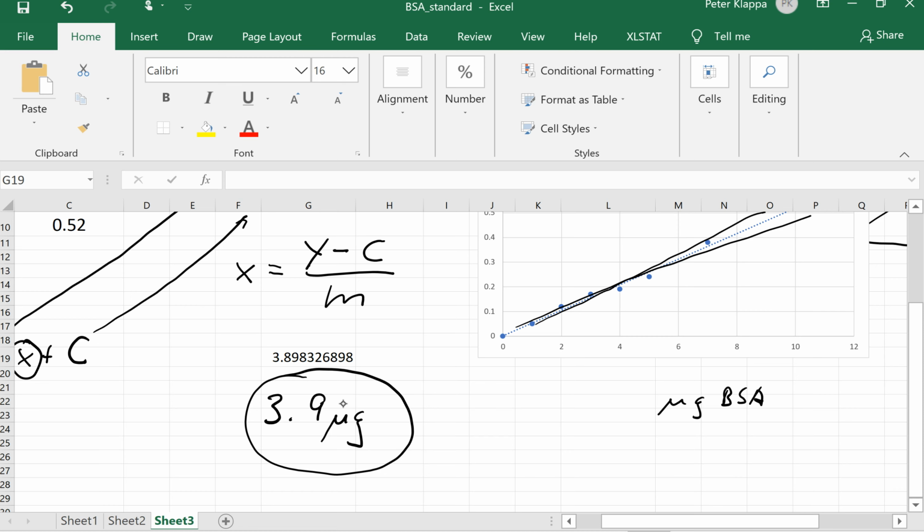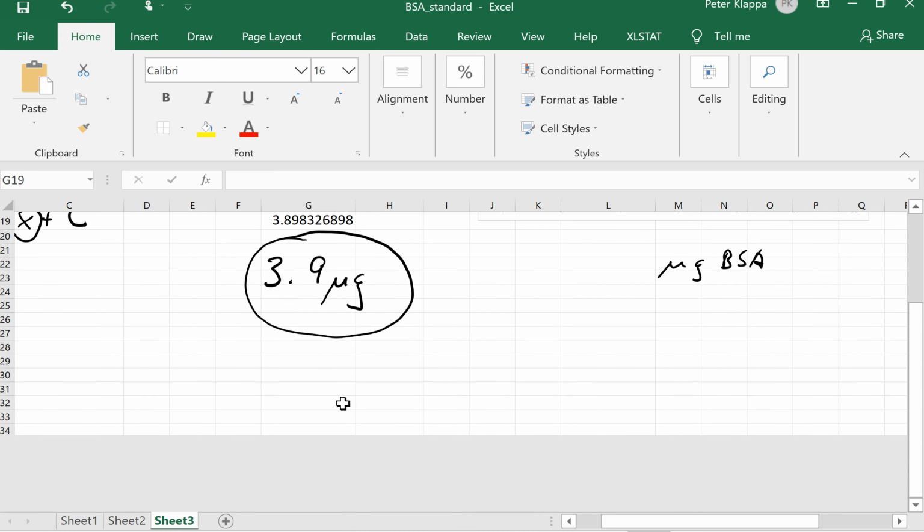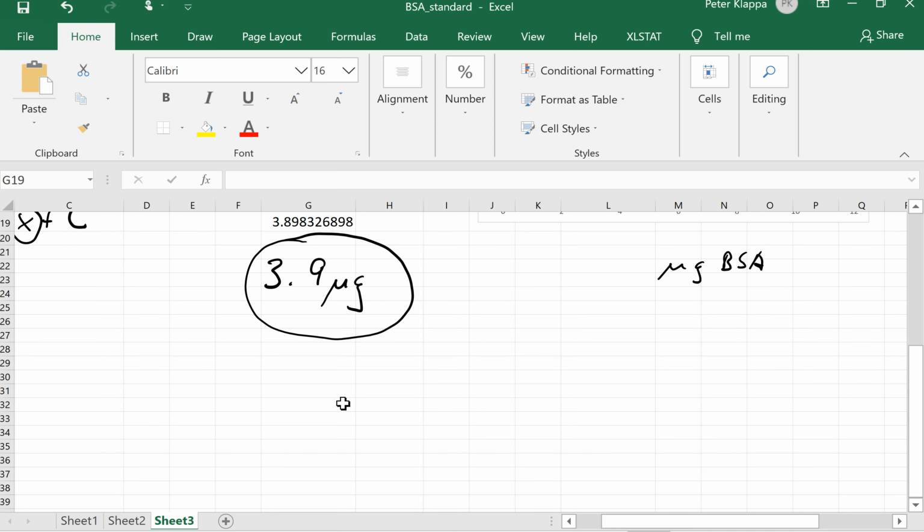So it would be more appropriate if we said, well, we believe that the true value for our samples, and remember, samples are always part of a larger population, is probably 3.9 microgram plus minus a certain margin of error.